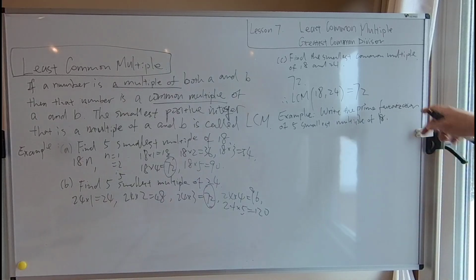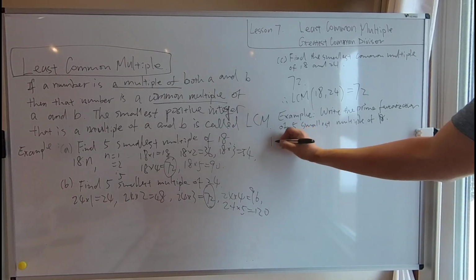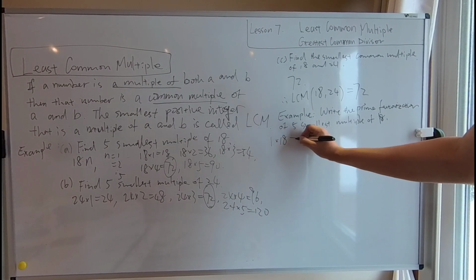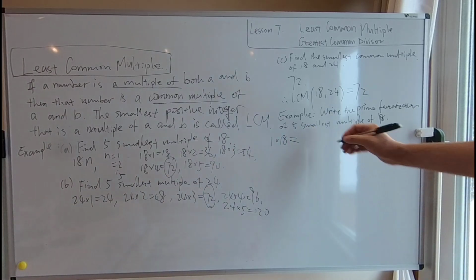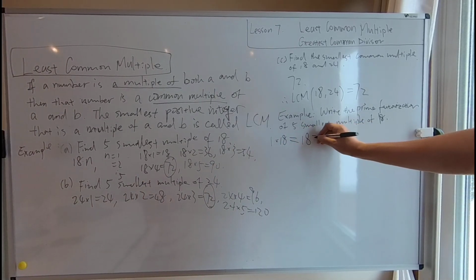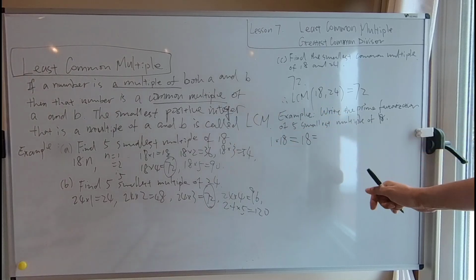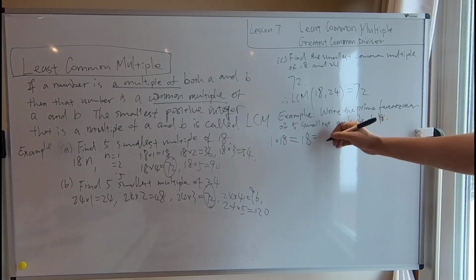If you still remember from our previous lesson, this is a way of breaking down a number into its smallest elements, the prime numbers, because there's no further breaking down. The first one, 1 times 18, is just 18. For 18, you can use a factor tree if you want.